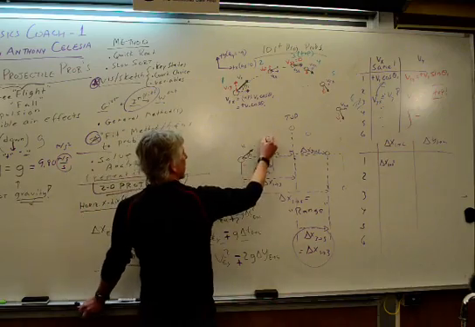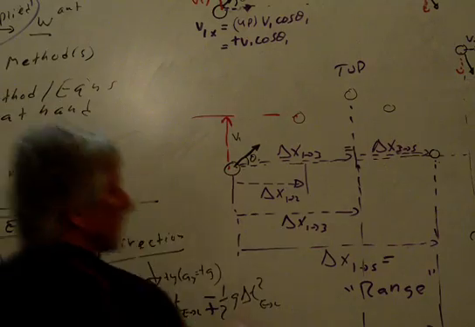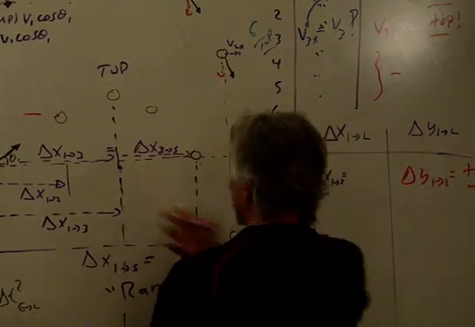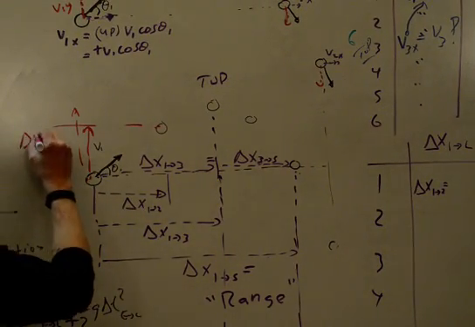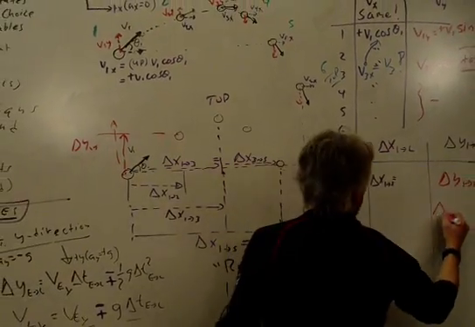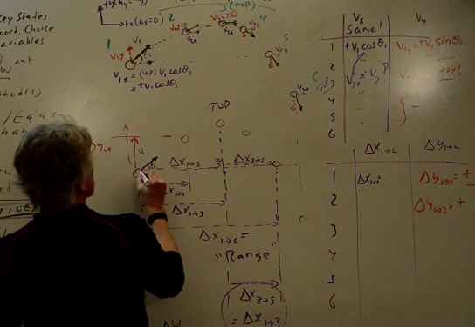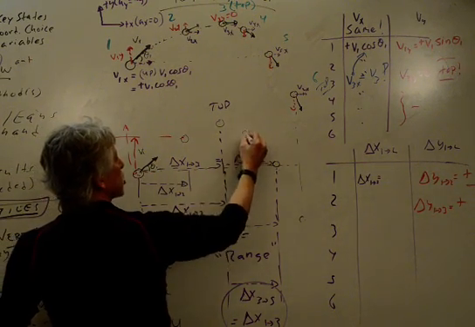Okay, so delta y, quick. Delta y. Well, where's delta y? Is that positive or negative? Delta y 1 to 2 is positive in this case. What about delta y 1 to 3? Delta y 1 to 3 is positive. What about delta y 1 to 4? Where's that? It's just this.